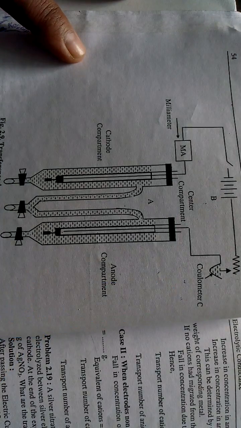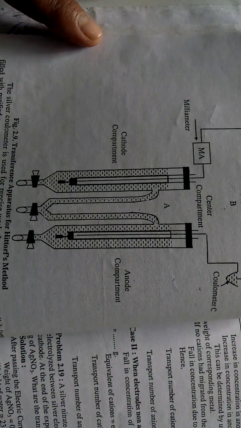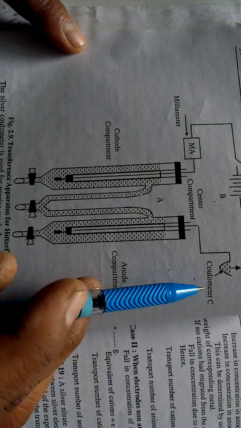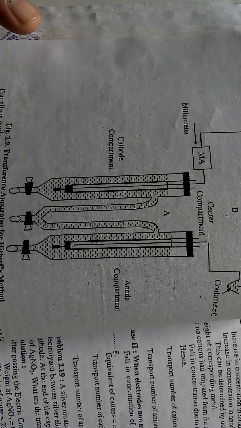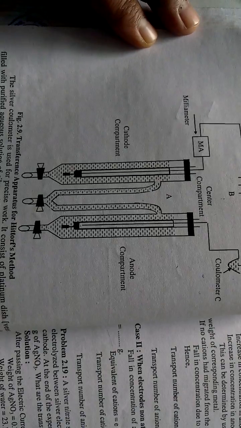This colorimeter C is a very important part as far as Hittorf's transference apparatus is concerned. Commonly this colorimeter is made from silver. Silver is commonly used for precise or accurate work.